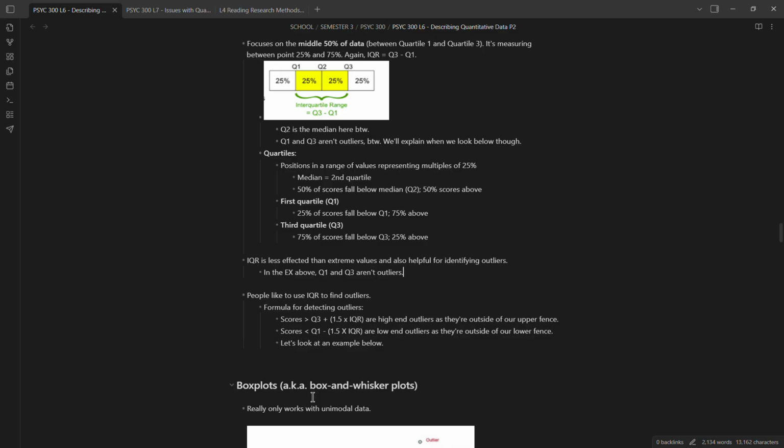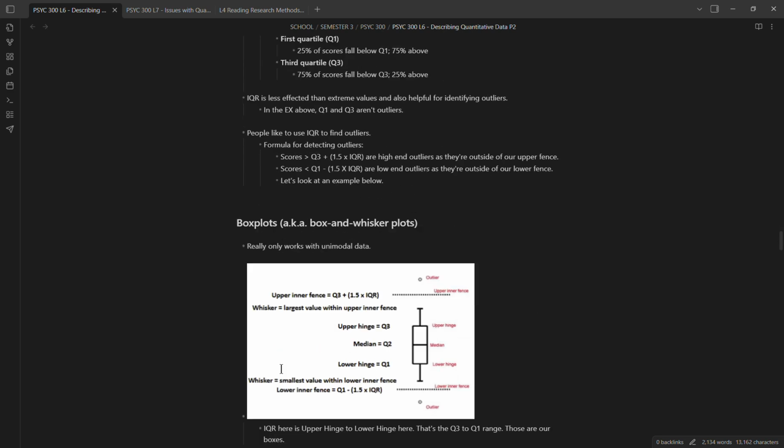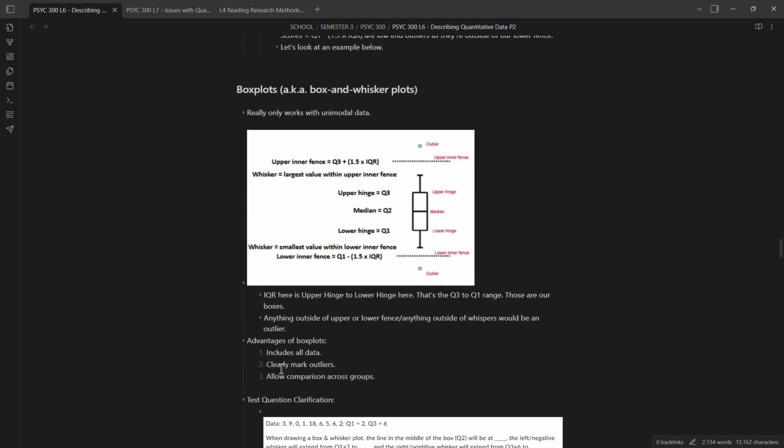Scores that are less than Q1 minus, in brackets, 1.5 times IQR are low-end outliers, as they're outside of the lower fence. Let's look at the example below, okay?